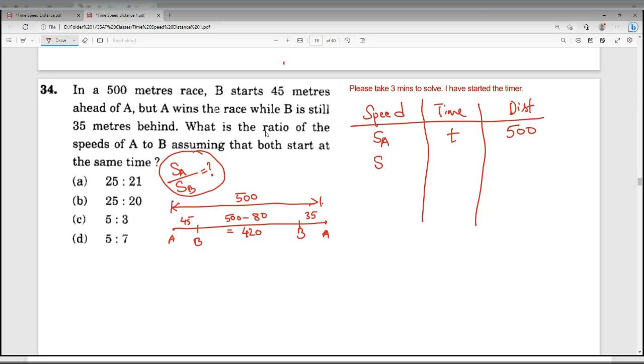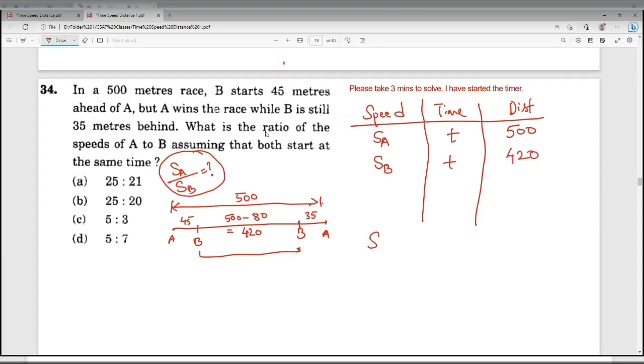Let the speed of B be SB. So B also takes the same time to reach the spot. That is T. And he covers a distance of 420 meters.